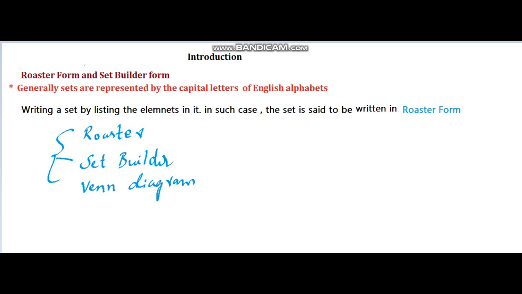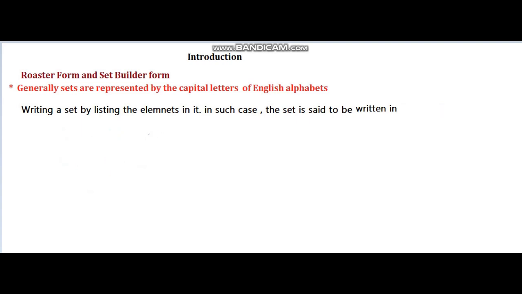Now I am going to take one set. See here, suppose I am taking natural numbers, N. We already remember the point: generally sets are represented by capital letters.